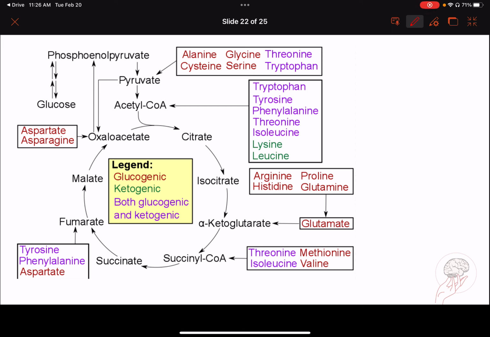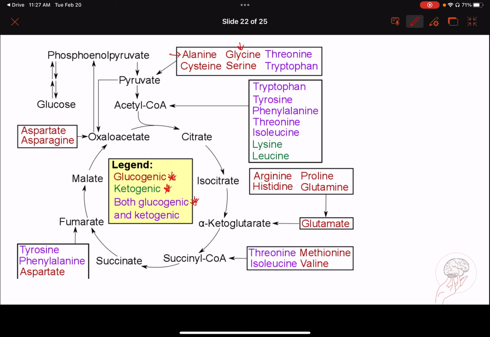So it helps if we think about where we use different amino acids in gluconeogenesis and in the TCA cycle. The red ones are gluconeogenic, the green ones are ketogenic, and the purple ones are both gluco- and ketogenic. So notice alanine and glycine, both glucogenic.